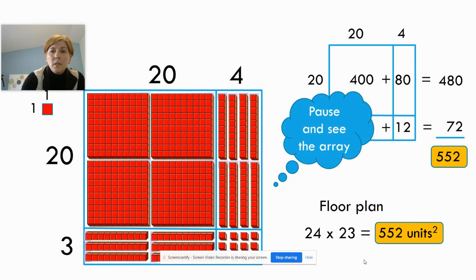Okay, so as you can see, there are 24 columns, 23 in each column, and 24 in each row. So then that big rectangle is going to be 552 units.